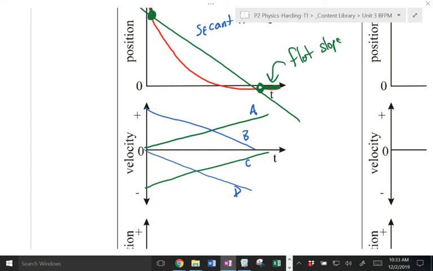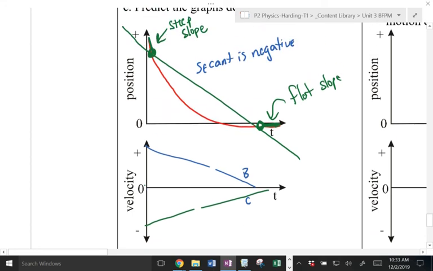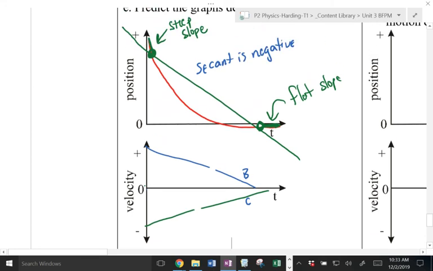People are pretty much only voting for B or C. I don't have any votes for A. I have 1 vote for D. So if I get rid of A, nobody's expecting A. Nobody's really expecting D. So is the correct one B or C based on the position time graph's slope?